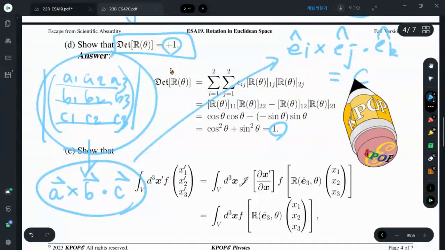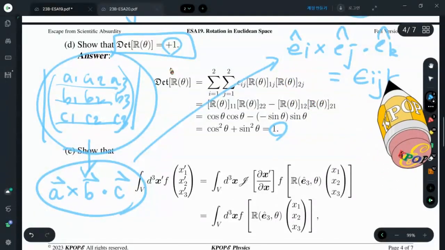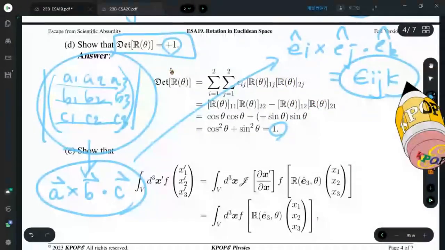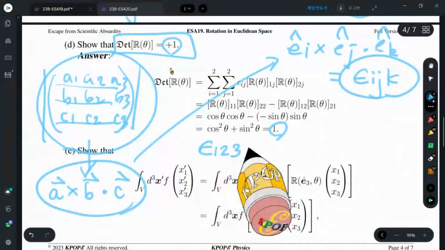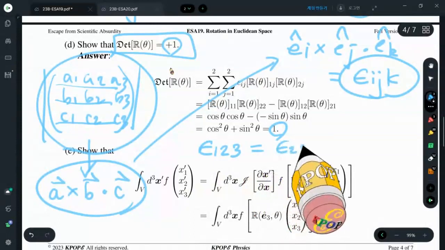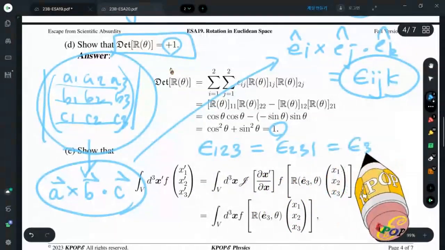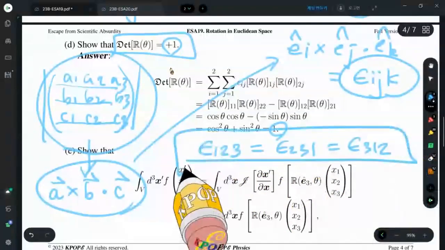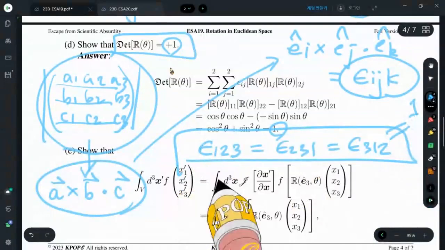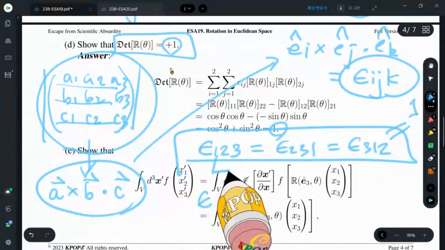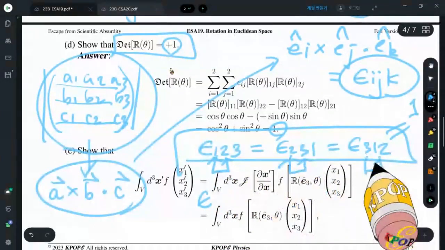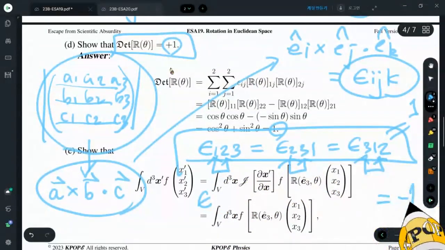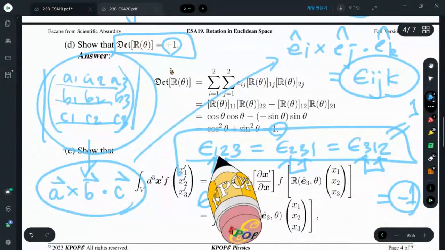What's that? It's nothing but the Levi-Civita tensor, that is epsilon ijk. It looks complicated. However, epsilon 1,2,3, 2,3,1, 3,1,2, they are all even permutations. They are 1. And if I exchange any two of them, the sign flips to a negative sign.